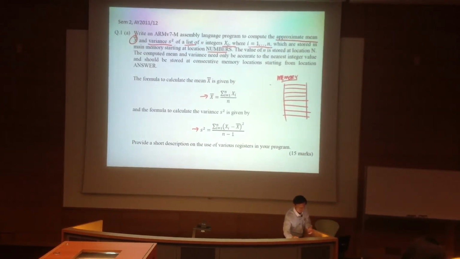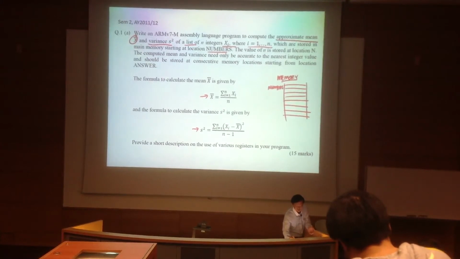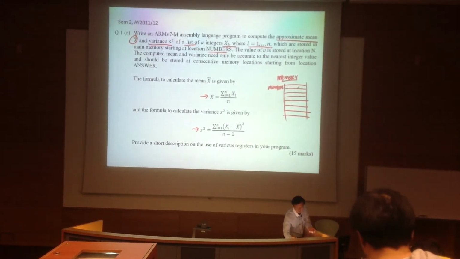And numbers is a label. You don't really need to know what it is, but it is a label. And there are some values inside. So let's say we have 6 values. So maybe some value here 100, 25, 7, 6, 3, 1, 2, 3, for example.